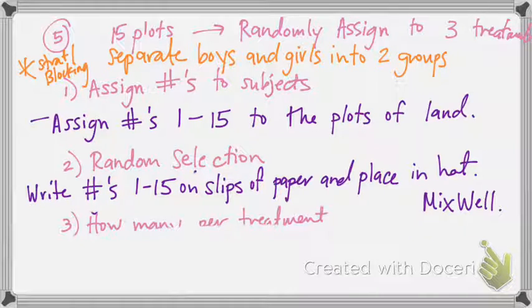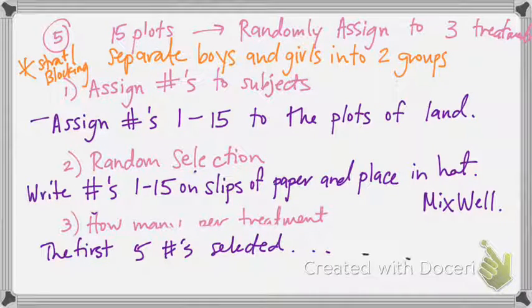Then you would say the first 5 numbers selected get A, and so on. So the last sentence is the same. The only difference would be this. You could mix very well if you wanted. You could mix vigorously.